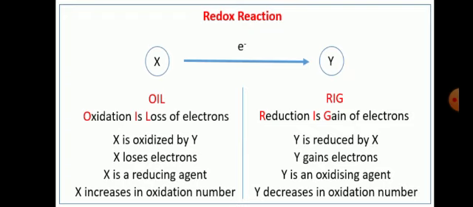So here X is oxidized by Y and Y is reduced by X. X loses electrons, Y gains electrons. X is a reducing agent, Y is an oxidizing agent. So remember, the substance in which reduction takes place is going to be your oxidizing agent, and the substance in which oxidation happens is going to be your reducing agent.